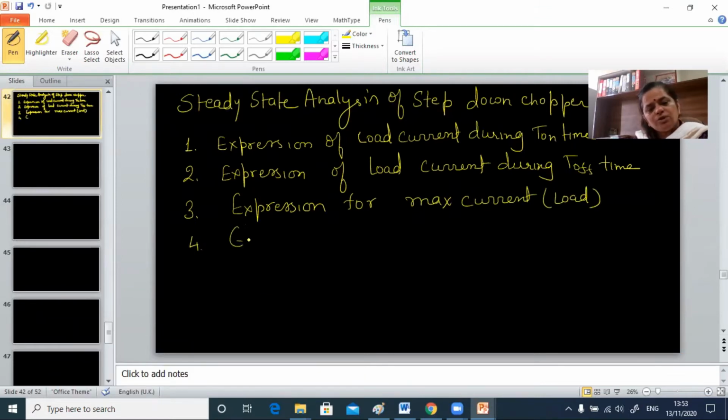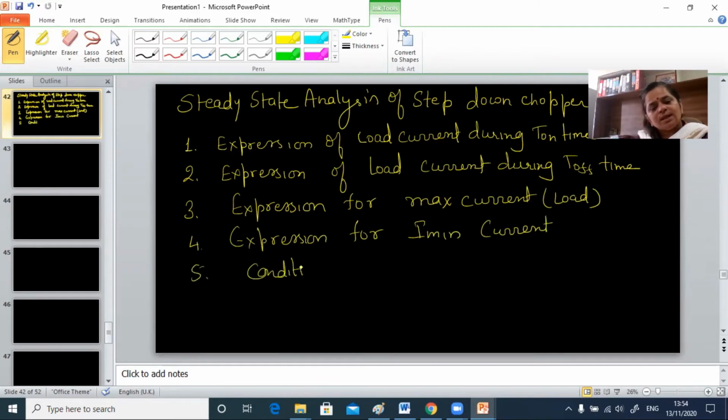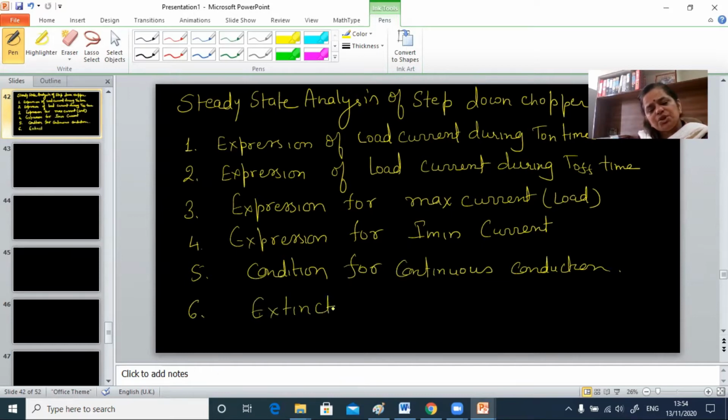Then how to calculate the expression for minimum current, what is the condition for continuous conduction, and at last we are going to calculate the extinction time. So one by one we are going to derive the following things.